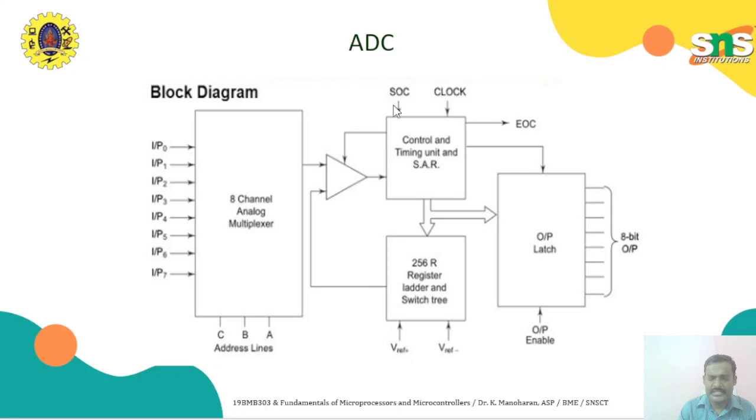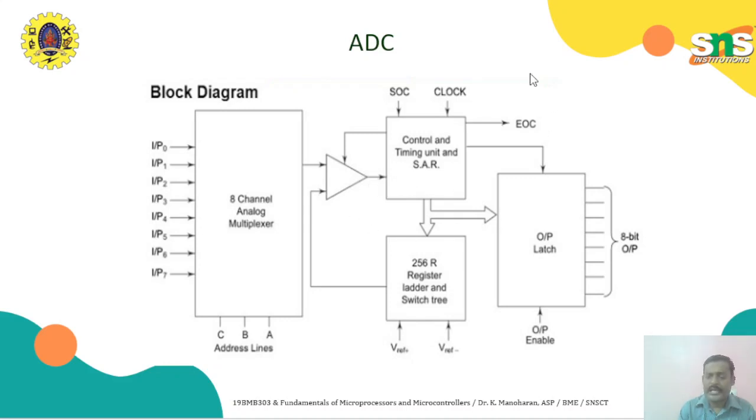Once it receives the start of conversion, the corresponding input channel will be read depending upon the address input, and then the SAR will be set to one value. This value is converted back to analog and given here. Now the input and this output will be compared here. Depending upon that, either the input may be higher or the feedback may be higher, and the next bit value will be 1 or 0.